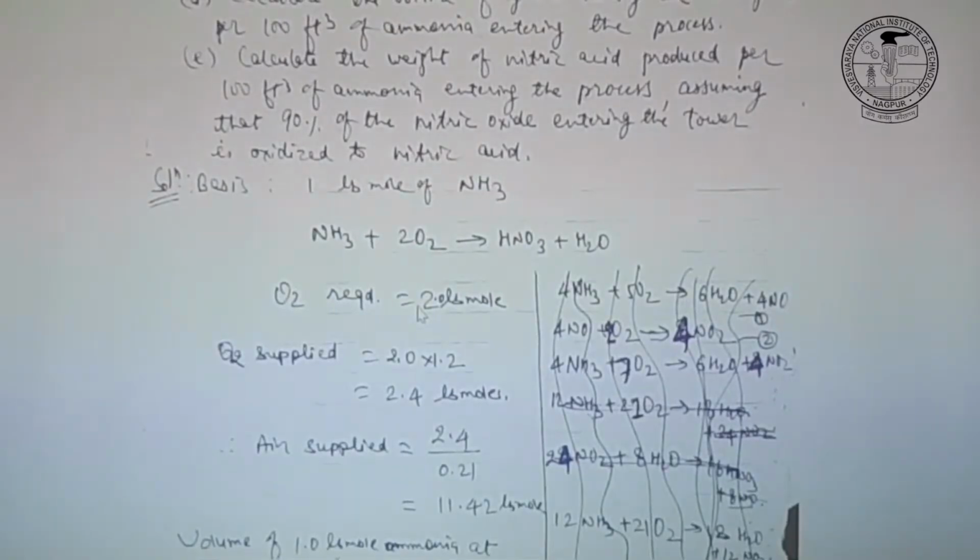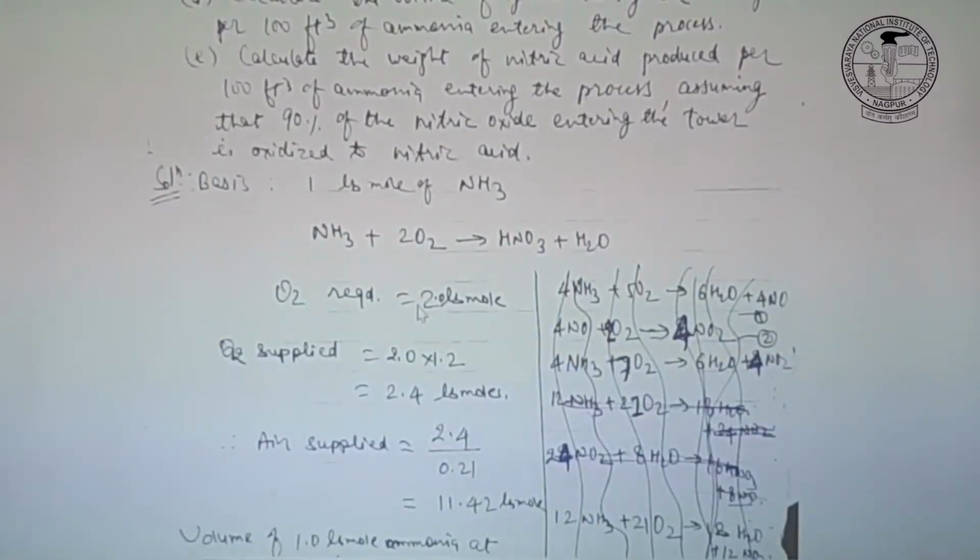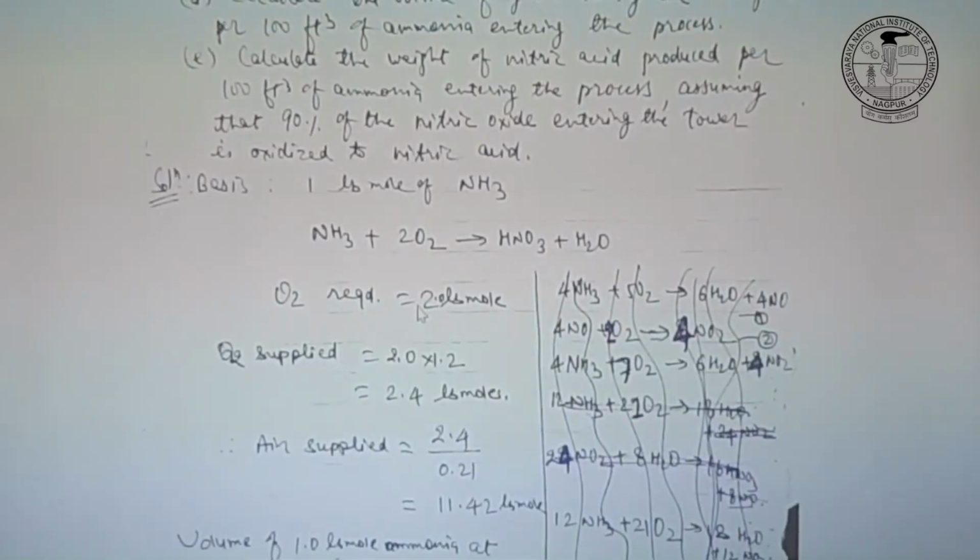Now theoretically we can calculate how much oxygen will be required, right? As we decided that our basis is 1 lb mole, by looking at the reaction you can easily tell that 2 lb mole of oxygen is required. If we would have taken the basis of 100 cubic feet of ammonia entering, it would have been difficult to know how much oxygen will be required, because volumetric calculations are not reflected by looking at the reaction.